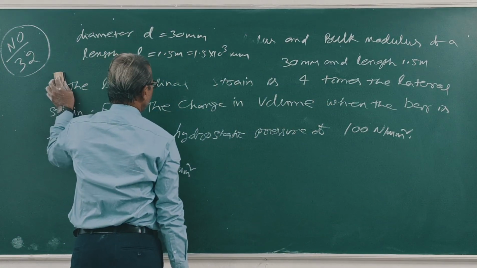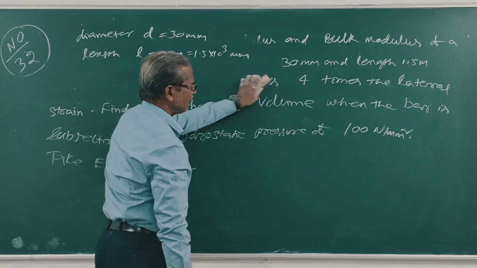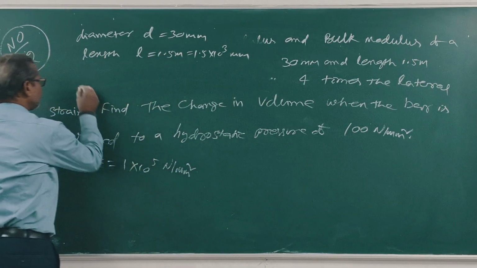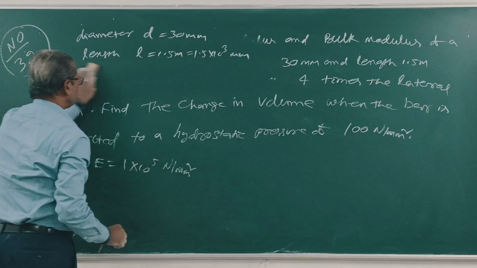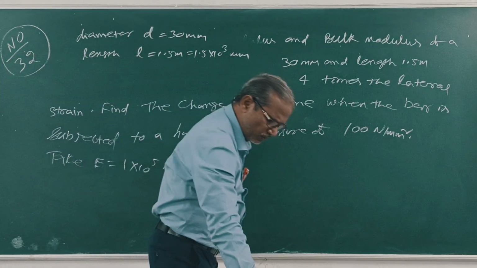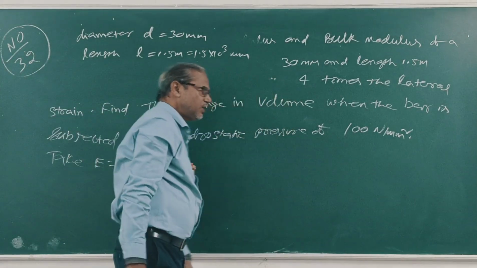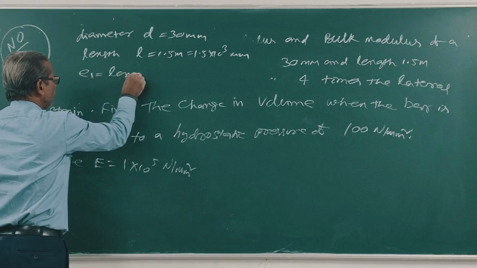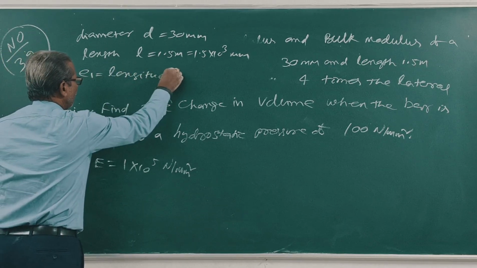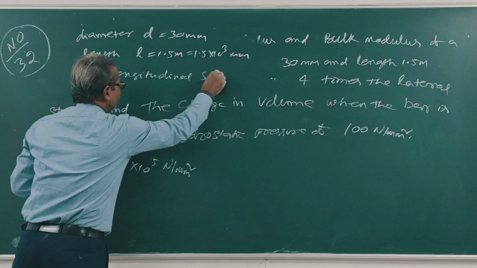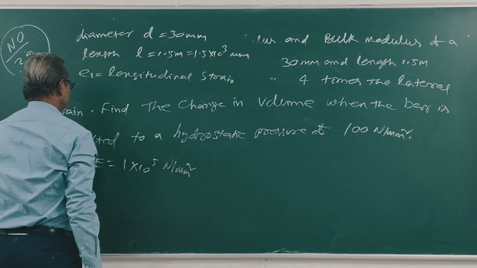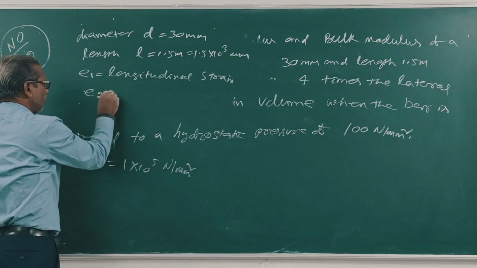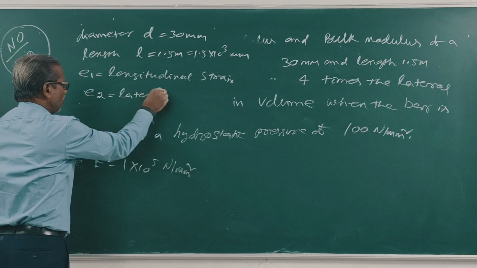If the longitudinal strain is 4 times lateral strain, E1, what is E1? E1 is longitudinal strain. Clear? E2 is lateral strain.